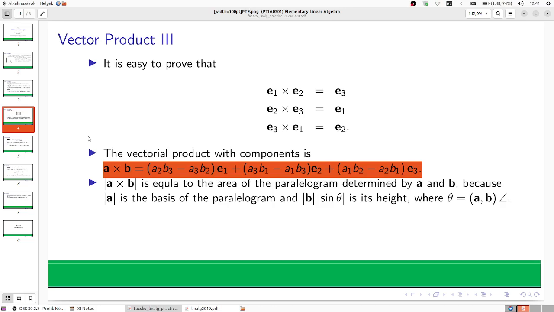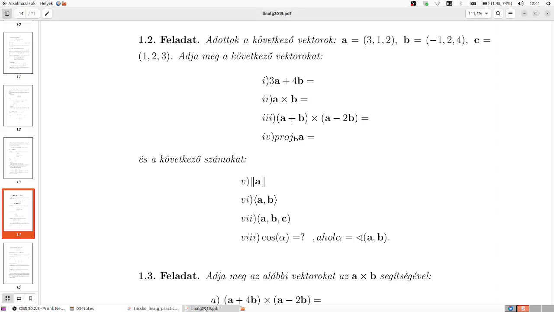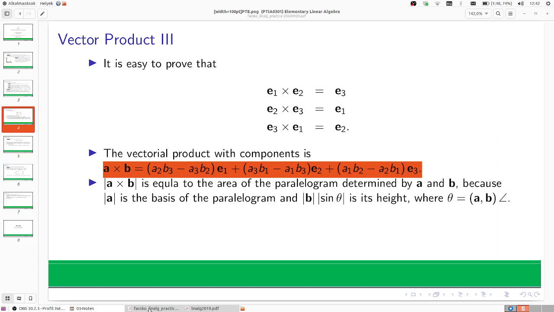It was B, but what were A and B? 3, 1, 2. Thank you. It's very similar, but different from the other. Okay, so.